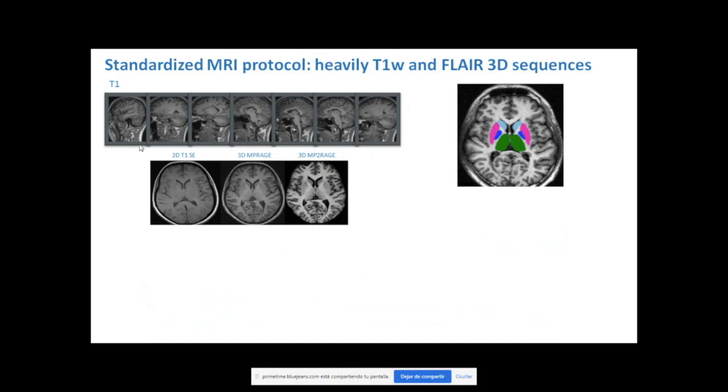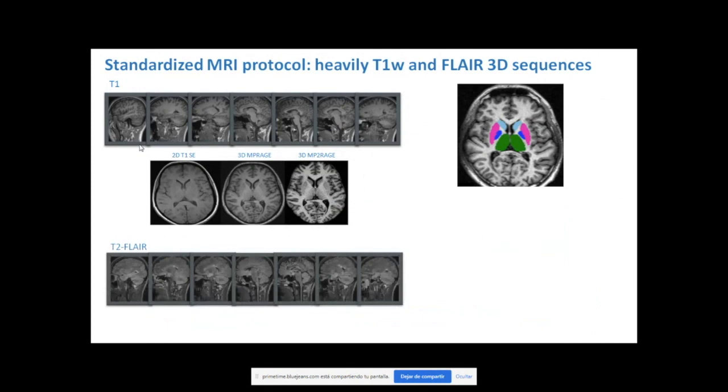So we need a heavily T1 weighted sequence, ideally obtained on a 3D acquisition, in order to obtain good results. But not only T1 weighted sequences are necessary, we also need a T2 weighted sequence, ideally a T2 FLAIR sequence, and also acquired with a 3D sequence.